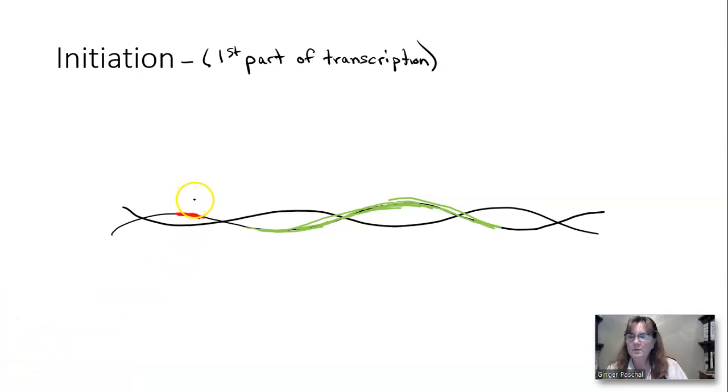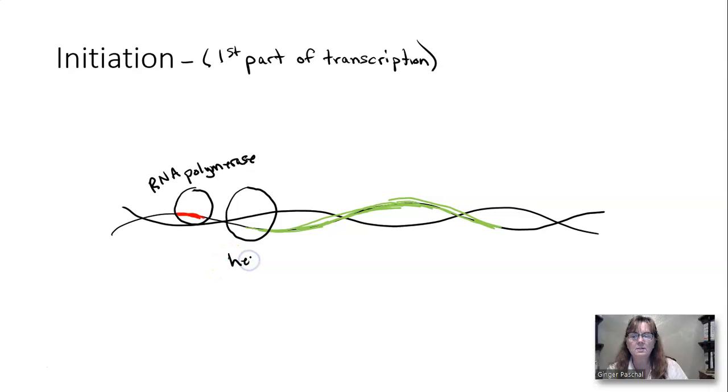So what happens in initiation is there's this molecule called RNA polymerase. There are several types of them, but the RNA polymerase binds at the promoter region. When it binds at the promoter region on the DNA, it allows for another molecule to come into place, and this other molecule starts right here.